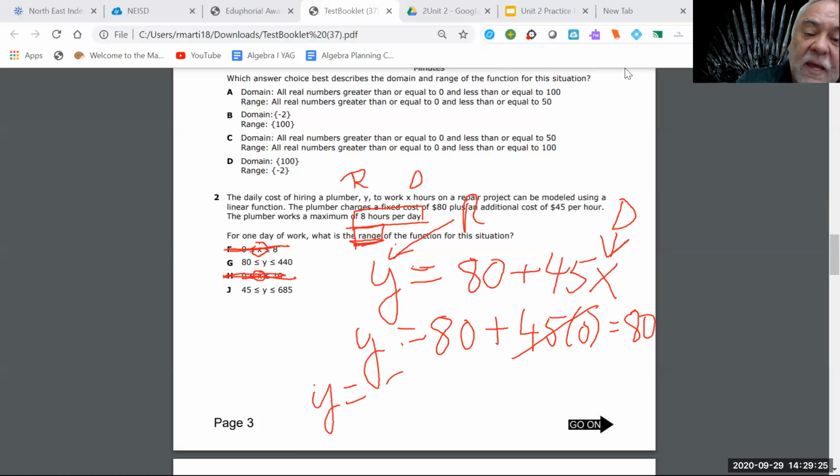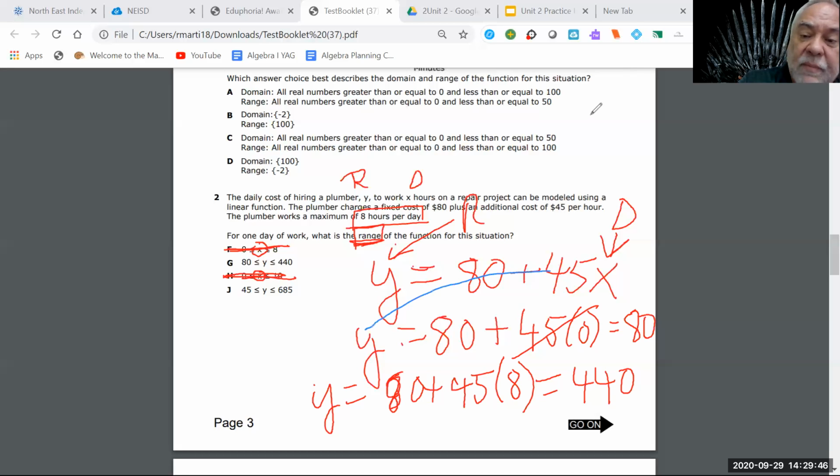Y is equal to 80 plus 45, and he can work a maximum of 8 hours. 45 times 8 is 360, plus 80 equals 440. So the range Y minimum is 80. The range maximum is 440.